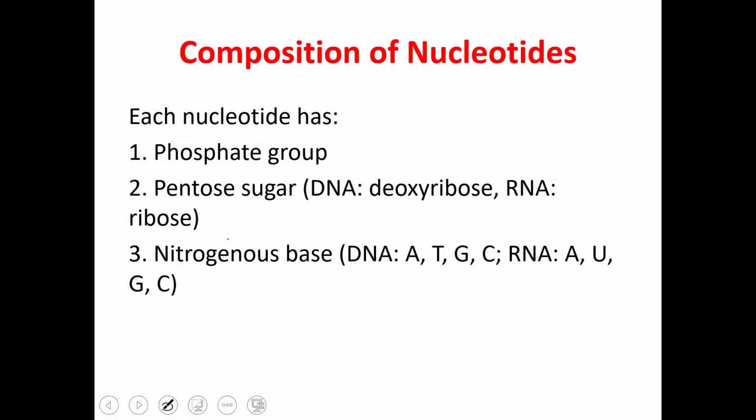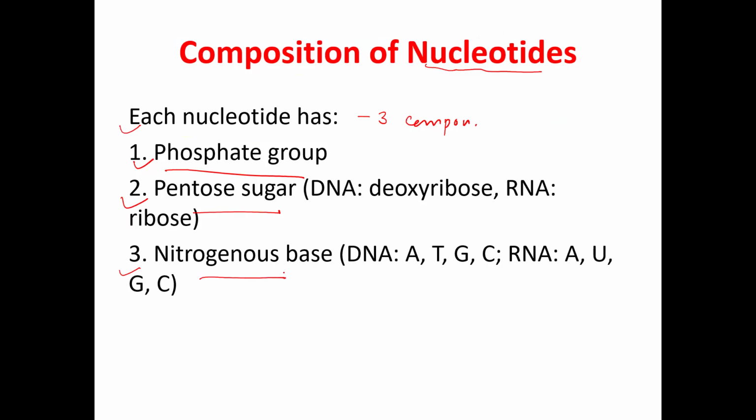Let's understand the composition of these nucleotides. Which molecules make up nucleotides? Each nucleotide has three main components: a phosphate group, a pentose sugar, and a nitrogenous base. So nucleic acids are made up of repeating units called nucleotides.